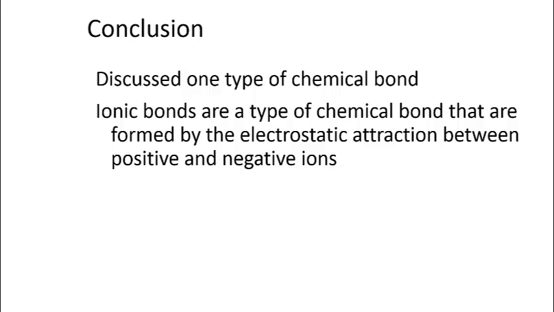To conclude, we discussed one type of chemical bond. A chemical bond is simply the attractive force that is responsible for holding together 2 or more atoms. We discussed ionic bonds, which are a type of chemical bonds that are formed by the electrostatic attraction between positive and negatively charged ions.